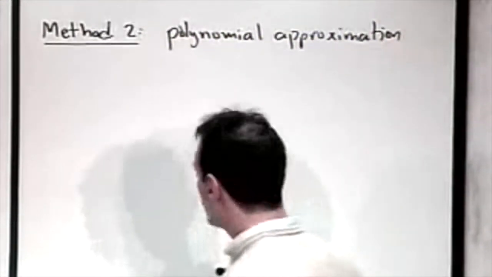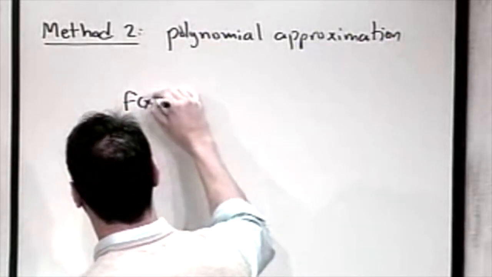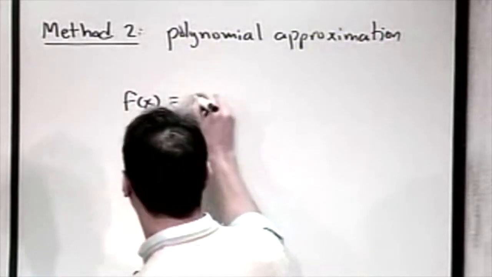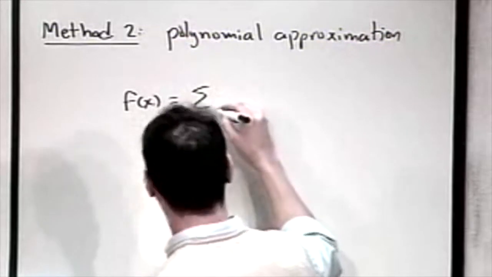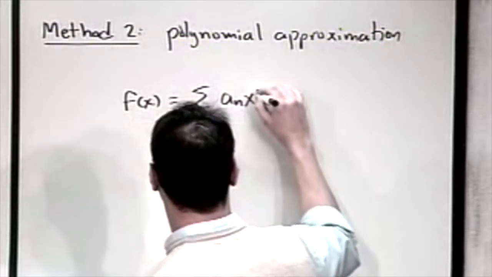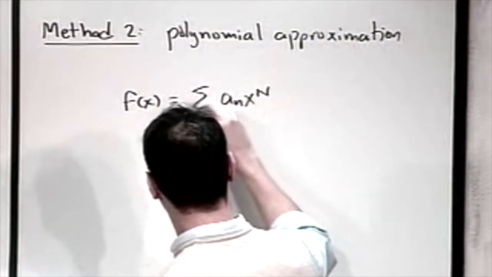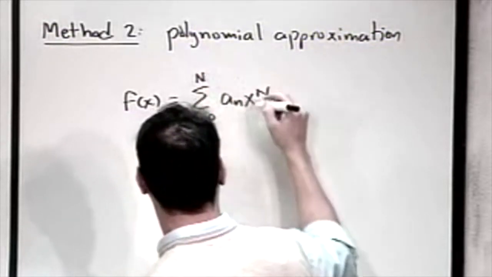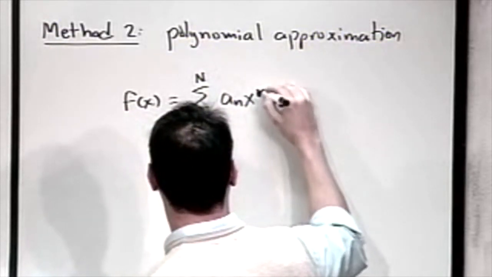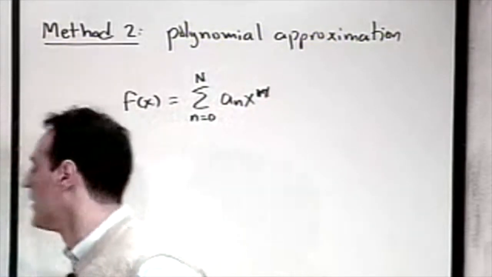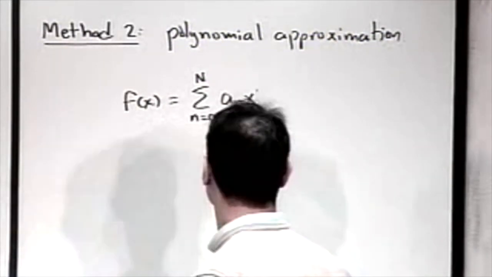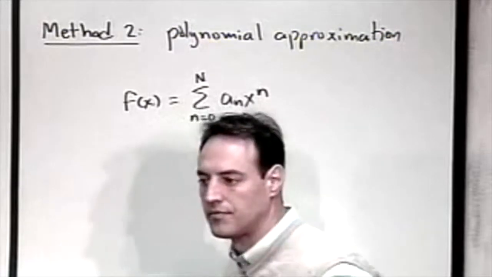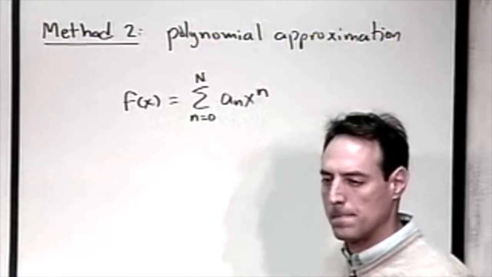In other words, you take a function and you say, all right, how about if I just go from 0 to n, little n. Let's just expand it in terms of a power series. Okay?